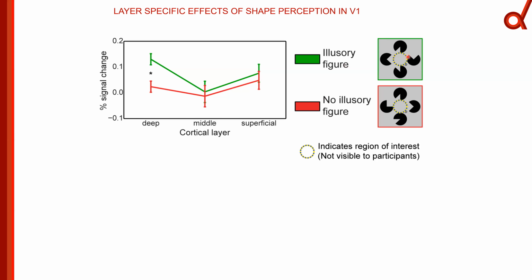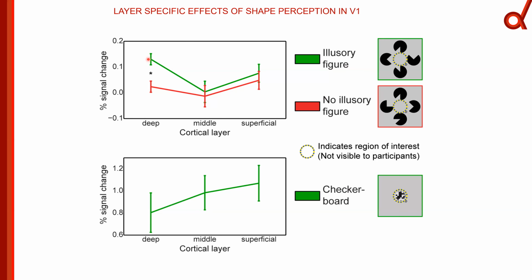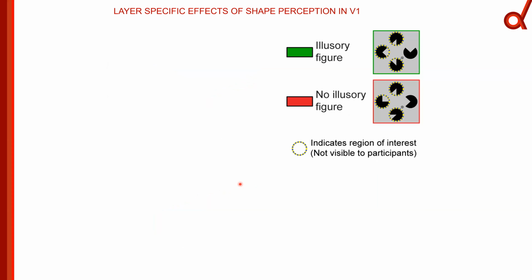And the point is, when we have the illusion as compared to not having the illusion, what starts leaping out at you is actually a signal difference in the deeper layer, which is highly significant compared to just flashing a checkerboard in somebody's eyes and getting a pretty normal profile. So this was very encouraging for us, and I think many people in the community, that you could do this kind of experiment and get an interpretable result out of it.